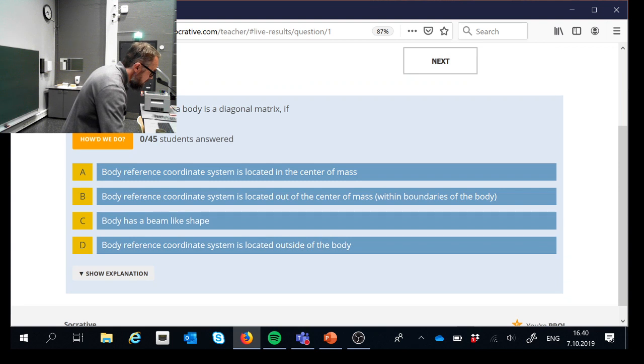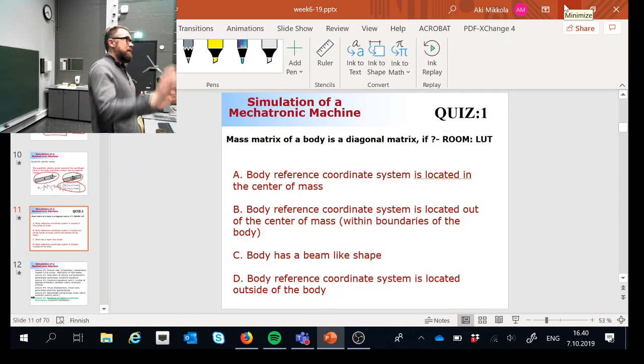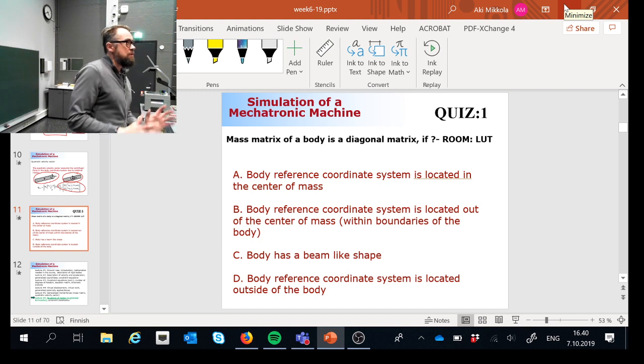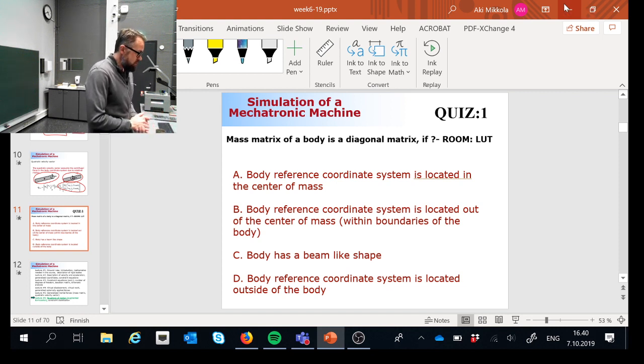I'm not sure how this appears in my streaming, but to play safe, to make sure that the online participants can see the options as well: the mass matrix of the body is a diagonal matrix if, and here are my options. Option A: body reference coordinate system is located in the center of the mass. Let me read it again.